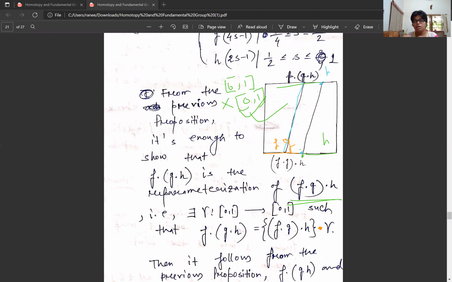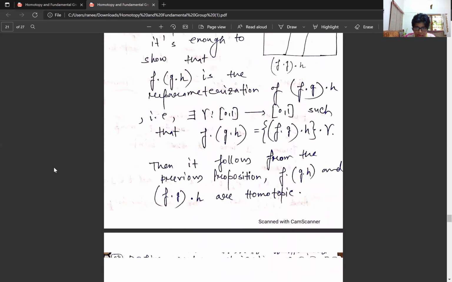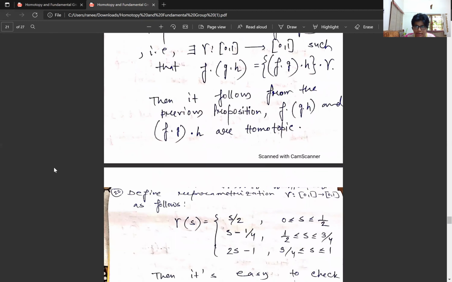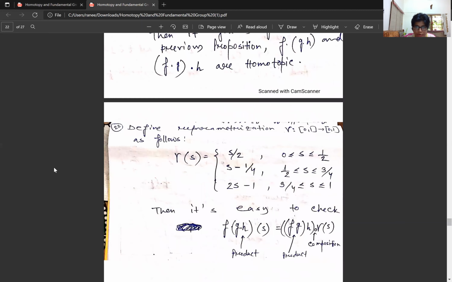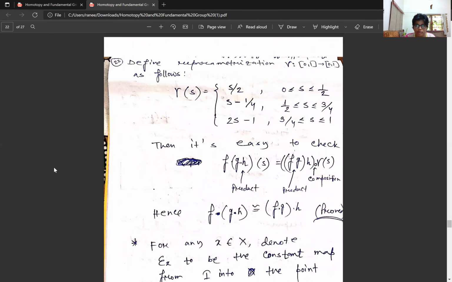In this way, if you actually want to see what the reparameterization is, you can get it if you know which points are joined to each other. Then it follows from the previous proposition that they are homotopic. Okay, so now define the reparameterization gamma. This is the reparameterization I have defined.